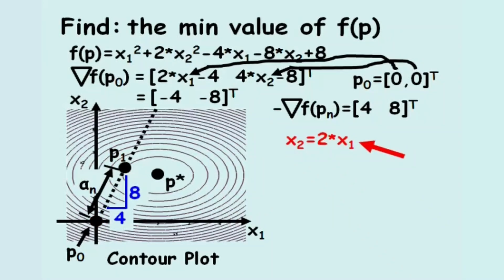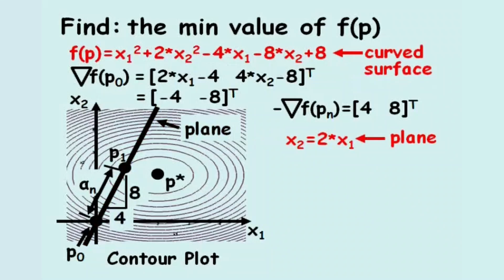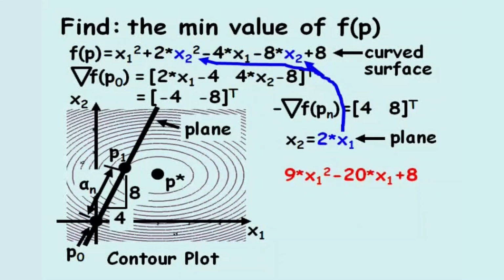In other words, x2 equals 2 times x1. In 3 dimensions, this is the equation of a plane, since the dimension f of x is unspecified. The intersection of a plane and a curved surface is a curved line, which we can solve for by plugging in 2 times x1 for x2, which results in a quadratic equation of variable x1.